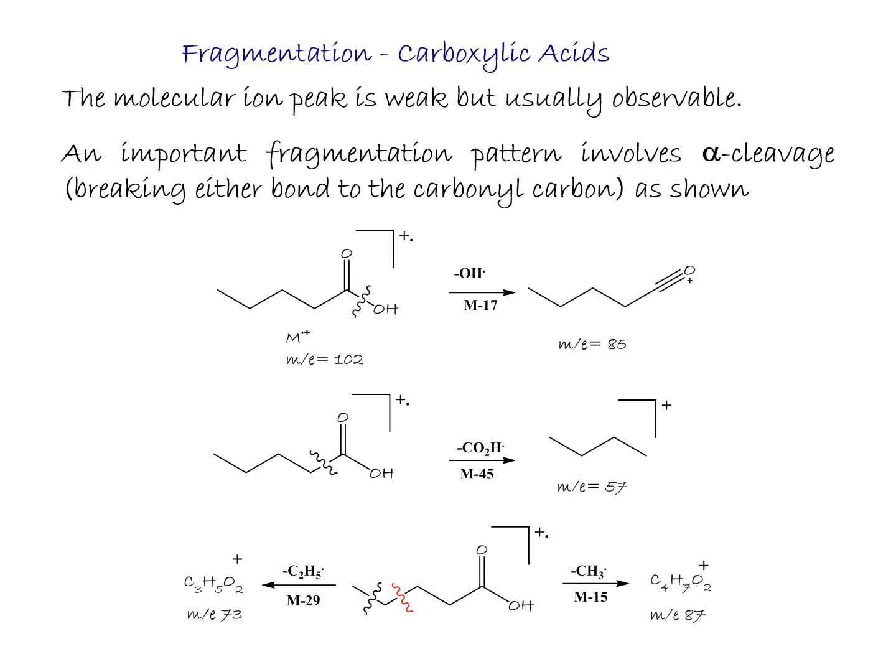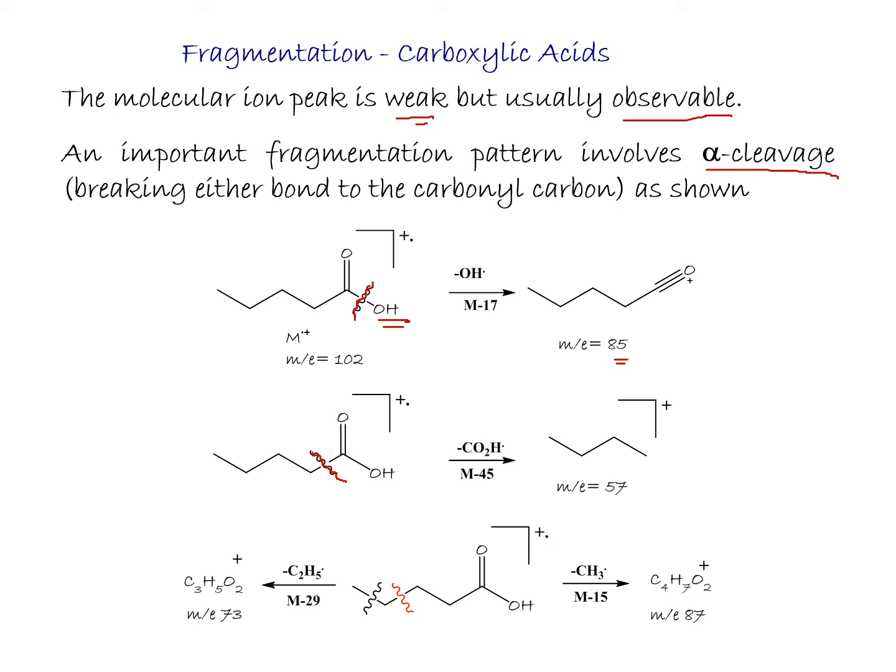Fragmentation of carboxylic acids. The molecular ion peak is weak, but usually observable. An important fragmentation pattern involves, again, alpha cleavage. So either you cleave this bond or that bond. If we get out an OH radical, we will form an ion at 85.